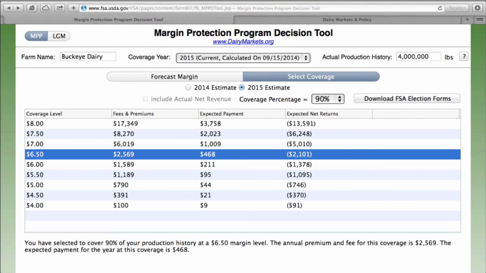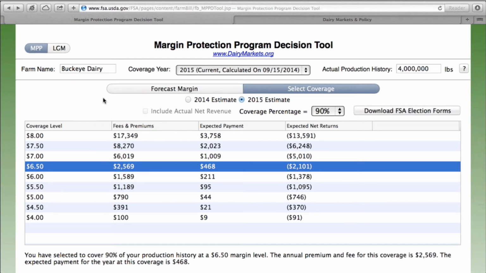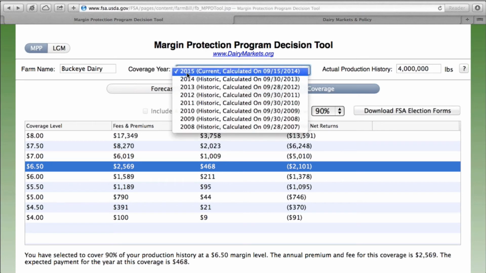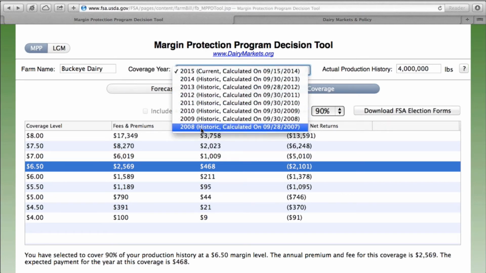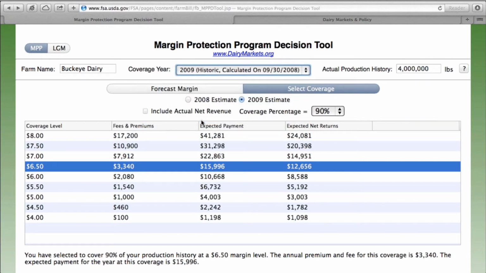Let's go back to the tool. One of the interesting things that we decided to add in was an ability to go backwards. So if you want to look at how this program would have operated during prior years, 2009 for example, you can load in what the markets had anticipated the expected benefit would be using a forecast margin here.